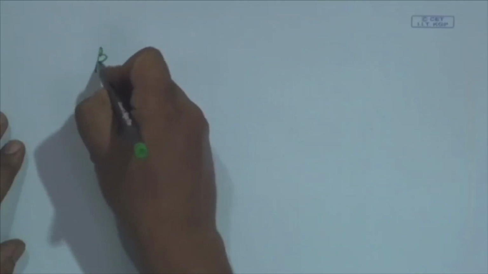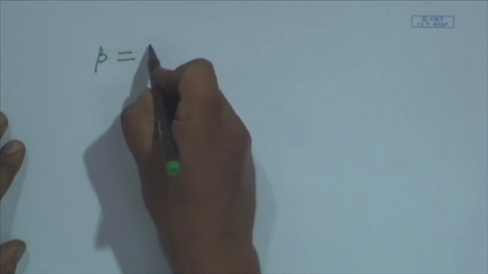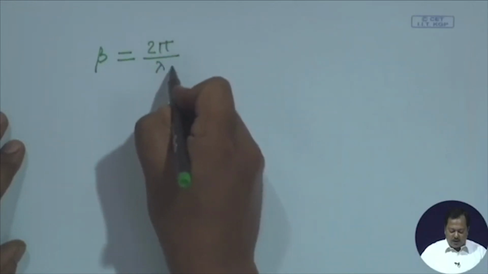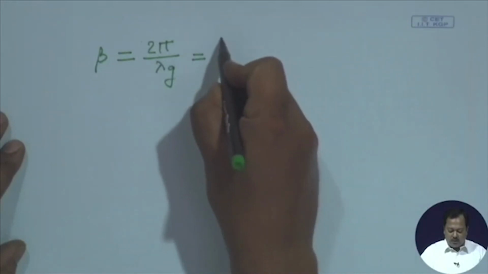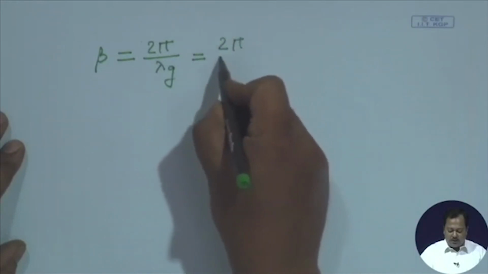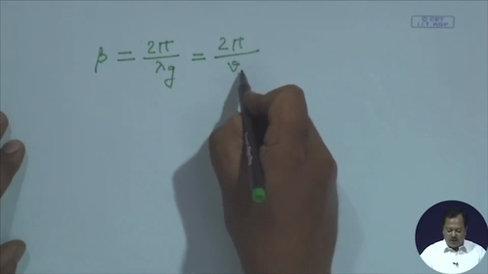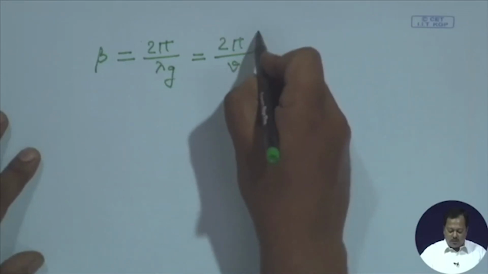So, beta is equal to twice pi by lambda g. This is the guided wavelength. So, twice pi, we can write the velocity of the wave inside the medium into f.